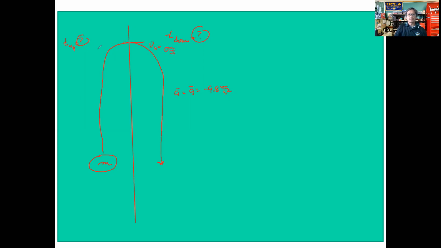And at the very height here, it reaches a displacement of 0.25 meters. We also know the initial velocity from the previous problem we solved for, as being 2.2 meters per second. So we know all that now moving forward.